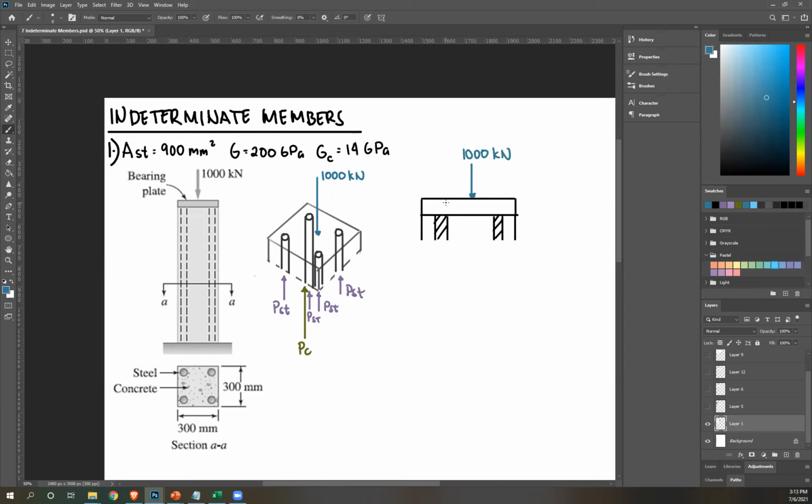Since this is front view, this area considers 2 bars, 1, 2, 1, 2. So this now becomes 2 P_st. Same here, 2 P_st. Then don't forget concrete also resisting the force. So we have PC.